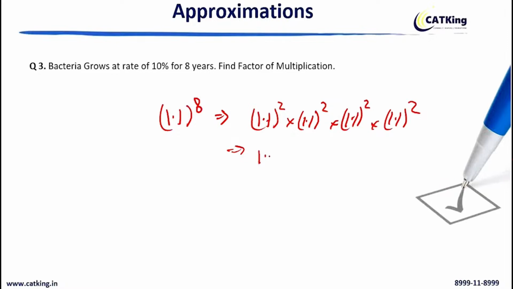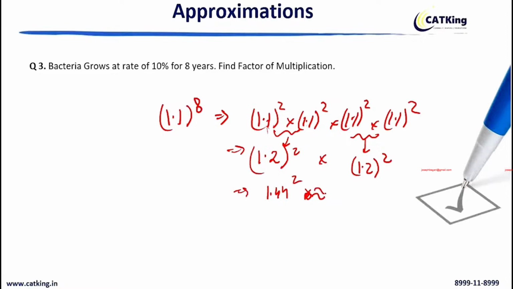So this is 1.21, or I can also write it as 1.2. So this becomes 1.2 square into 1.2 square. What is 1.2 square? 1.44. That is 1.44 square. I can approximate it to 1.45 square.